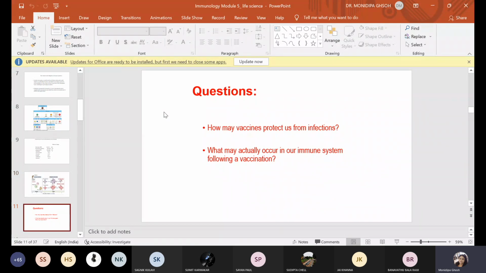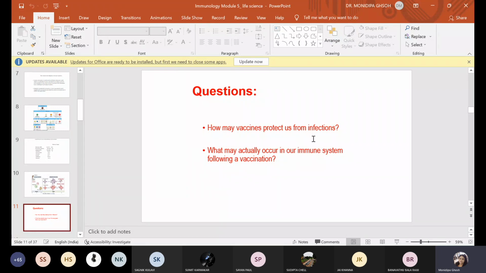Now the question coming to our mind is, how may vaccines protect us from infections? Because you have perhaps gone through the idea for the last 2 years that vaccines are nothing but the whole antigen, whole pathogen, or a component of the pathogen.